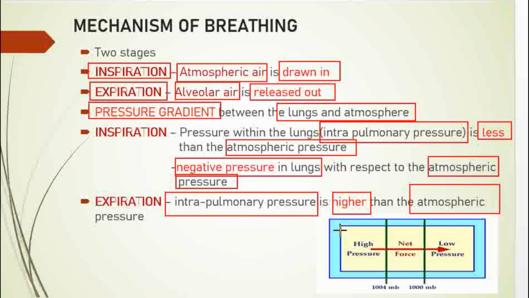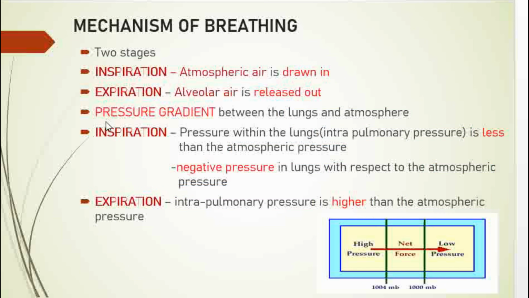Say there is a high pressure zone here and a low pressure zone there. The change in pressure measured across a given distance, we call it a pressure gradient.